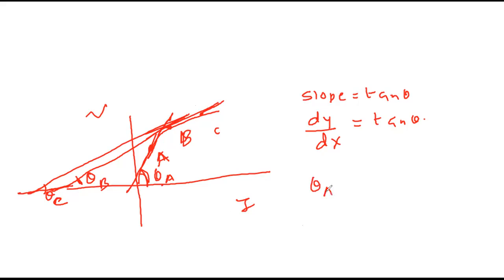I can see theta at A is greater than theta at B, which is greater than theta at C. That means resistance at A will be greater than resistance at B, which is greater than resistance at C. So you can expect this type of objective question.